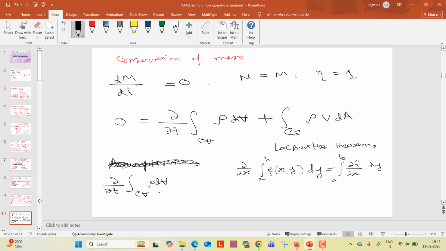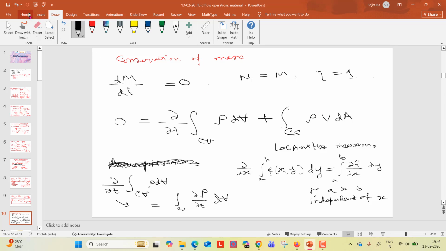So similarly, this rho is a function of both volume and time, and if this a and b have to be independent of x, this can be written for this left hand side part also. So this will be equal to the integral over CV, control volume, of del rho by del t into dV, right? And what about the right hand side part?